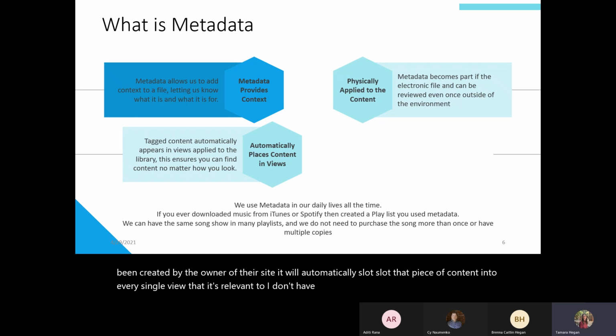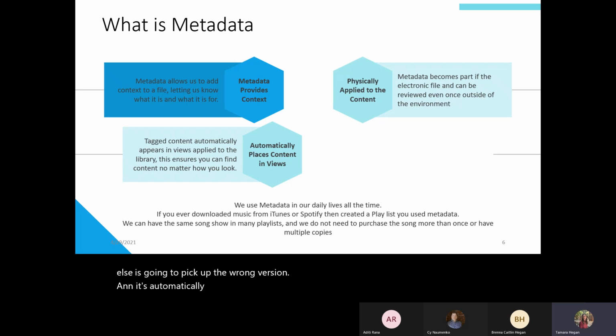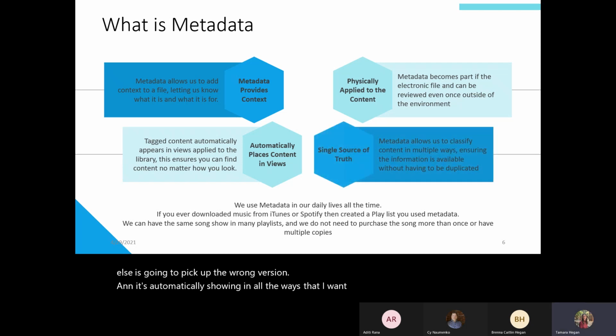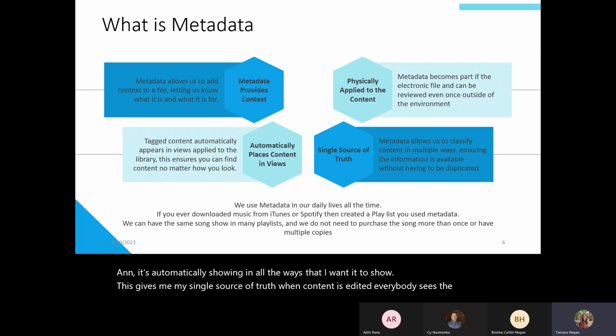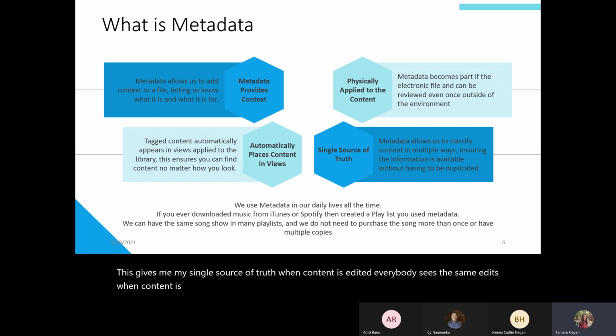I never worry that somebody else is going to pick up the wrong version, and it's automatically showing in all the ways that I want it to show. This gives me my single source of truth. When content is edited, everybody sees the same edits. When content is superseded, everyone gets the same superseded information.